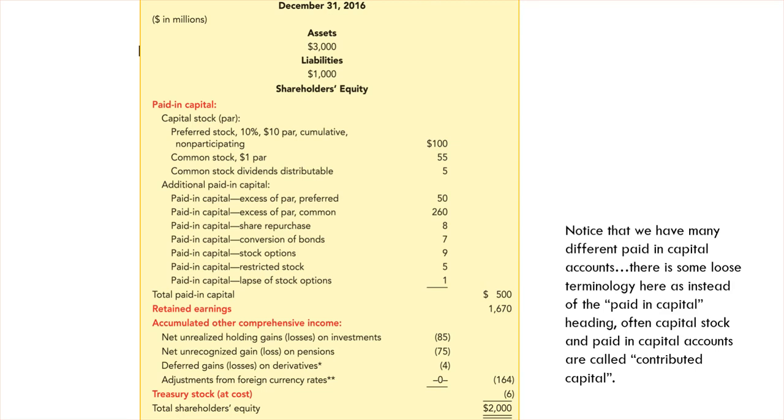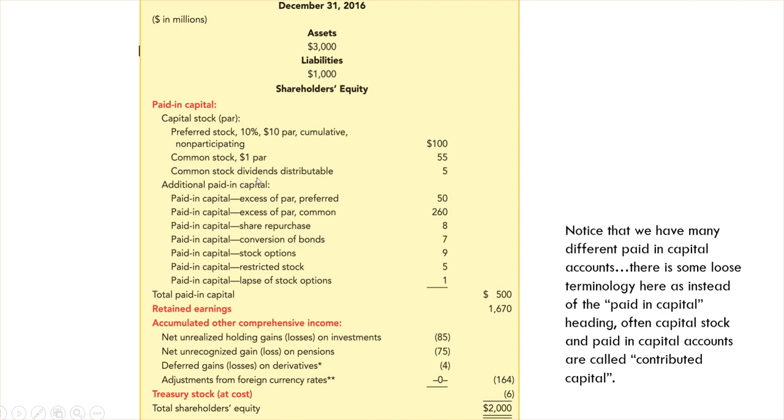You notice here they call the caption paid in capital. I would say this is contributed capital, not to be confused with the paid in capital accounts here. So the total of contributed capital includes the preferred stock and the common stock.